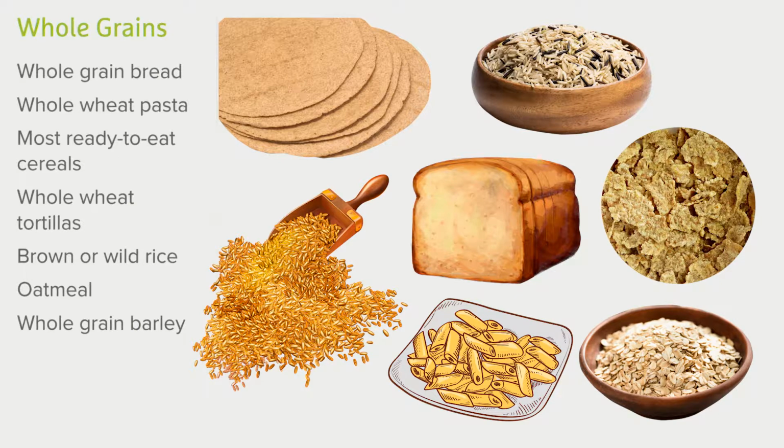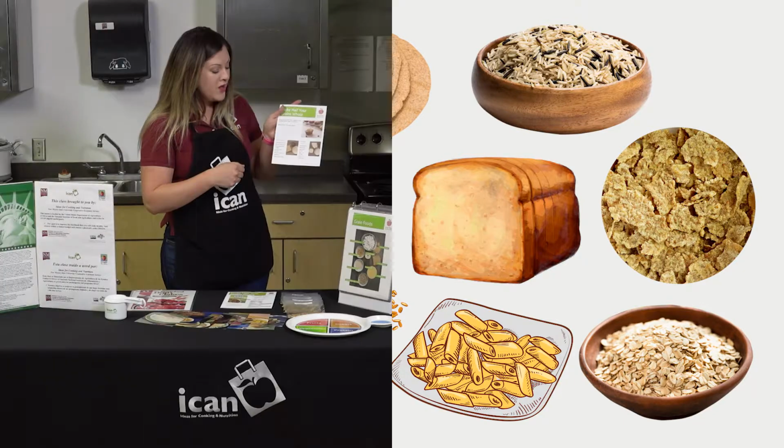In the whole grain side, we have whole grain bread, whole wheat pasta. Most ready-to-eat cereals are whole grain or whole wheat, tortillas, brown or wild rice, oatmeal, and whole grain barley. Now these are just some examples.